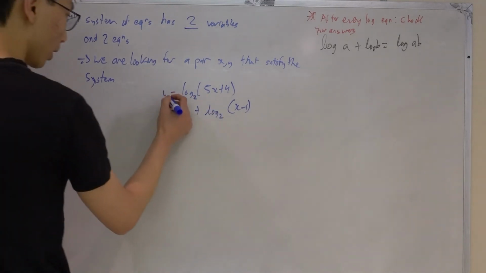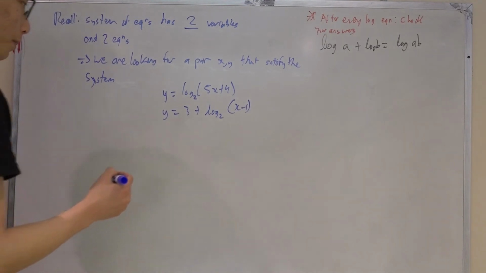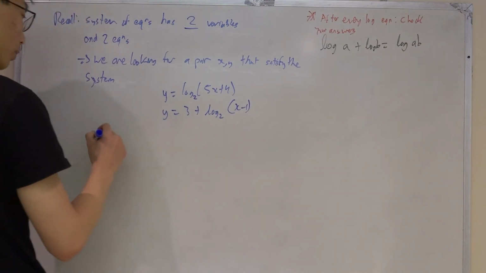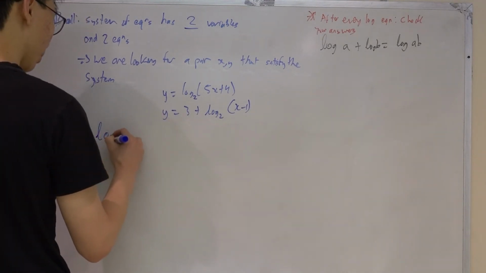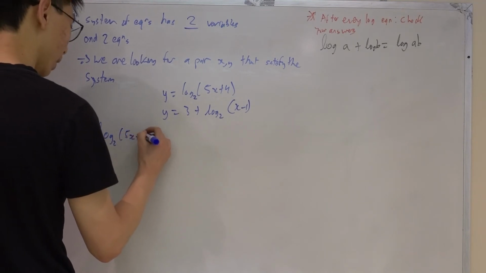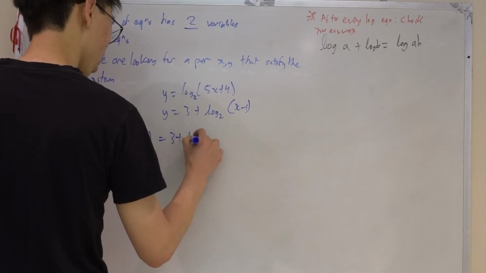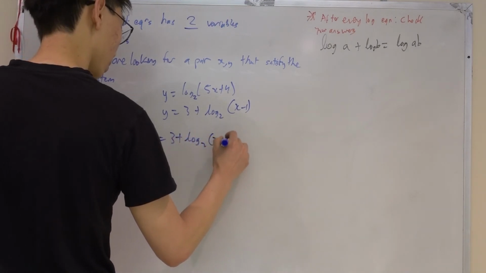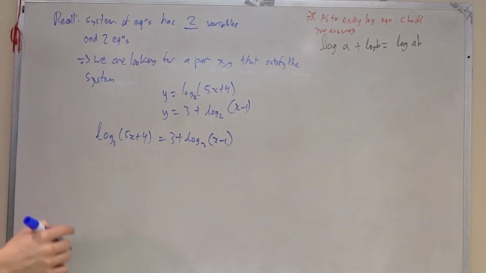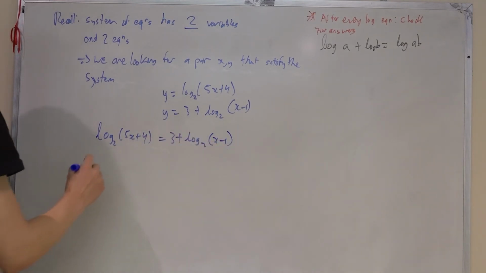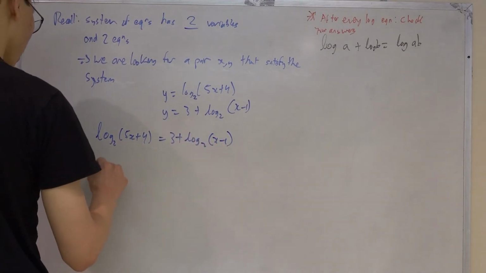Alright, so assuming you tried it, let's go ahead and equate the two, because we see immediately that they're the same thing. So that might be a lead to go off of. Log base 2 of 5x plus 4 equals 3 plus log base 2 of x minus 1. Now let's bring both log expressions to one side so that we can use our laws of logarithms.